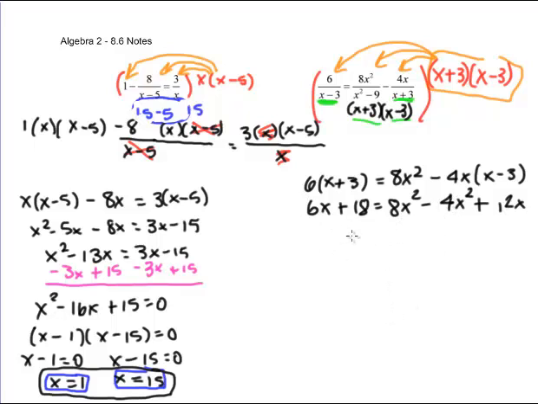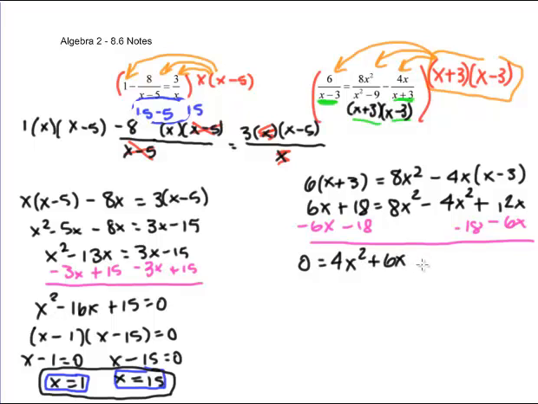And when I start simplifying this down, I'm going to go ahead and move over that 6x. I'm going to go ahead and subtract 18. So what you end up with is 0 equals 8x squared minus 4x squared. Okay. 12 minus 6. And then minus 18.